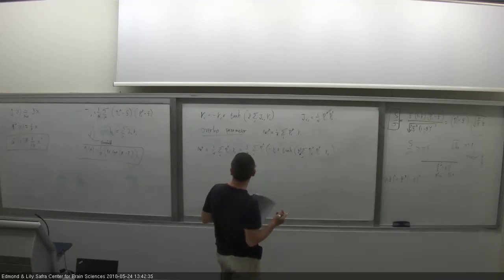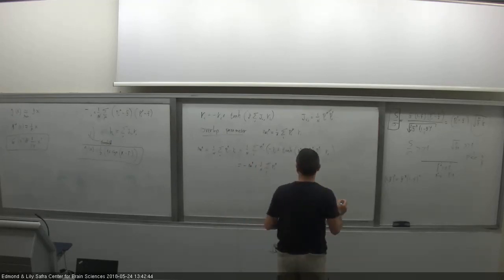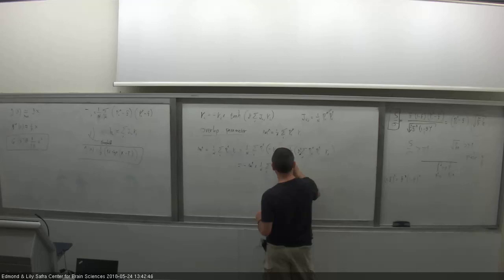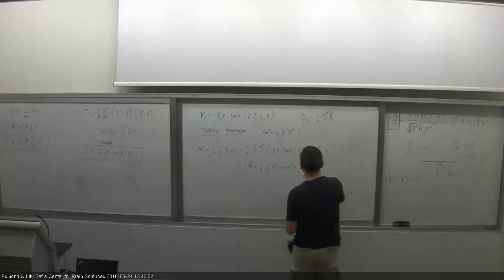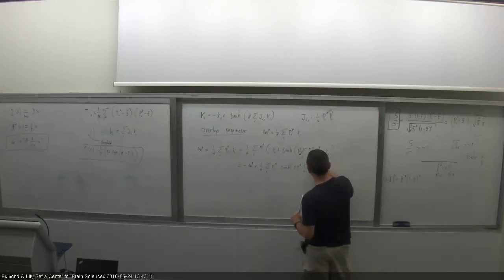Plus 1 over n sum over i pi1 times hyperbolic tangent of beta times, we can take the pi1 out, pi1 times 1 over n sum over j of pj1 rj.